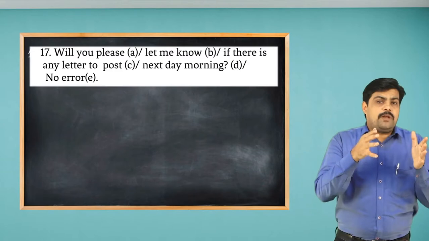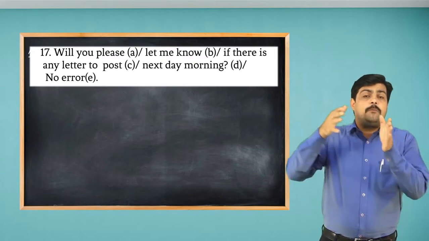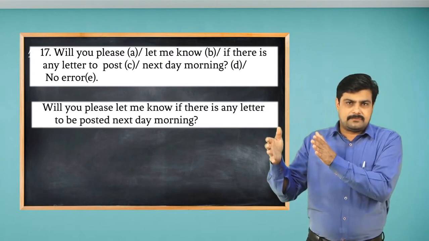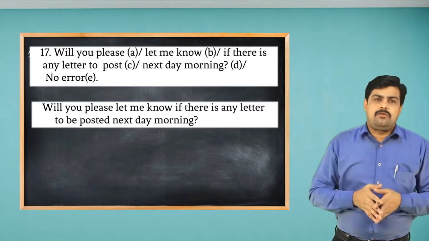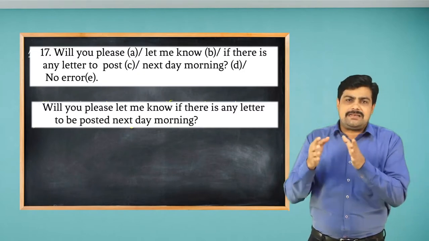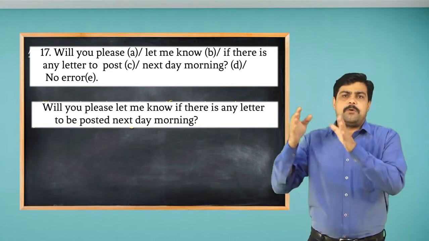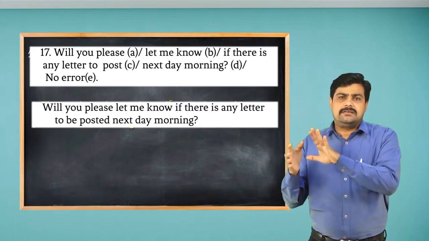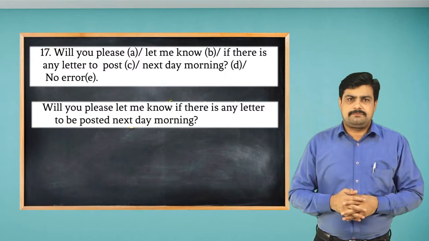So to post will be changed to be posted. See the correct sentence now. Will you please let me know if there is any letter to be posted next day morning?